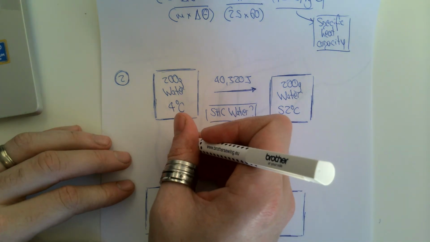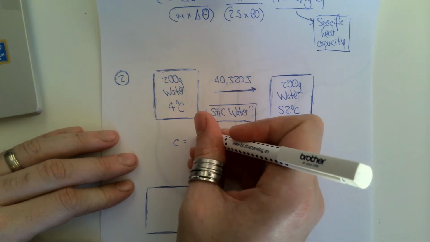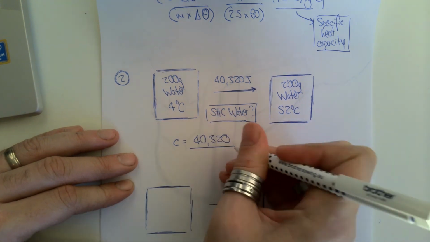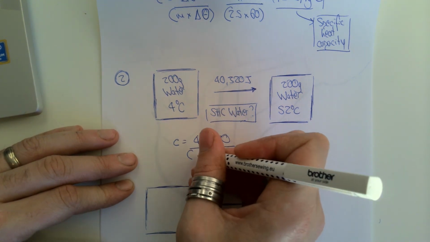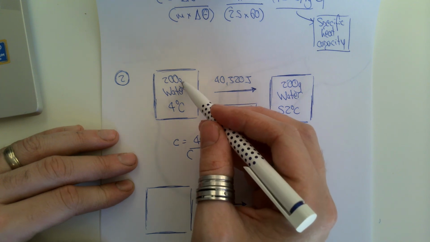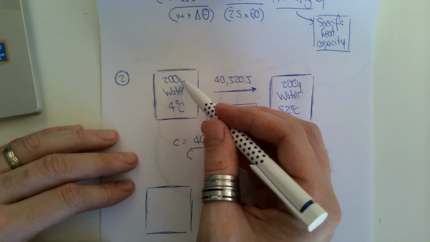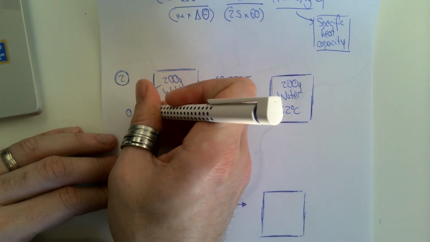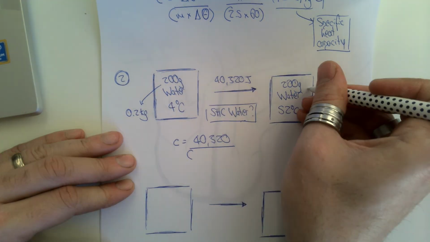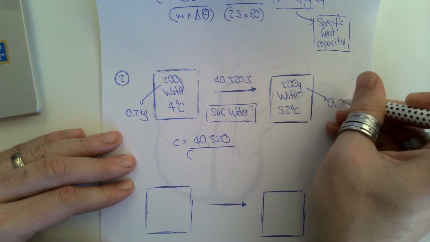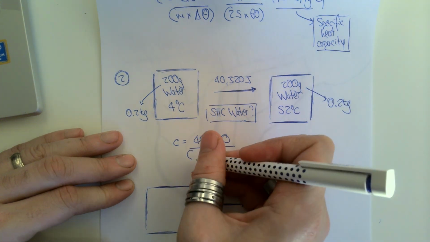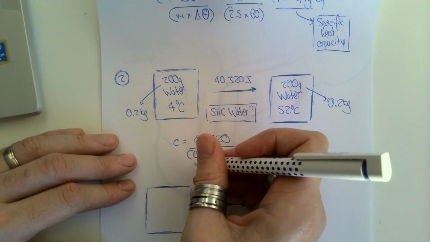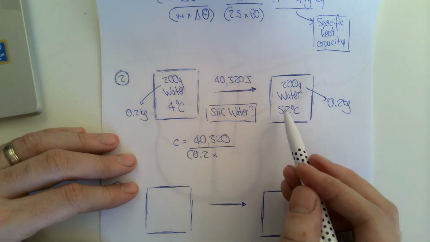So, we take our specific heat capacity, our energy transferred, 40,320, divide it by our mass. Now, this is 200 grams. Now, in mass, it needs to be kilos. So 200 grams converted to kilos becomes 0.2 kilos. So remember, it needs to be in kilograms. As we said, kilograms was our original unit. So 0.2 times, what's our temperature difference?